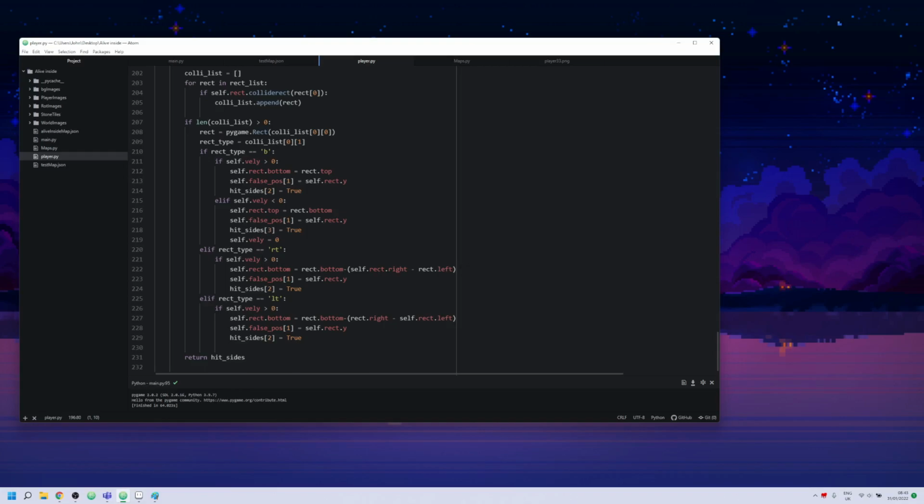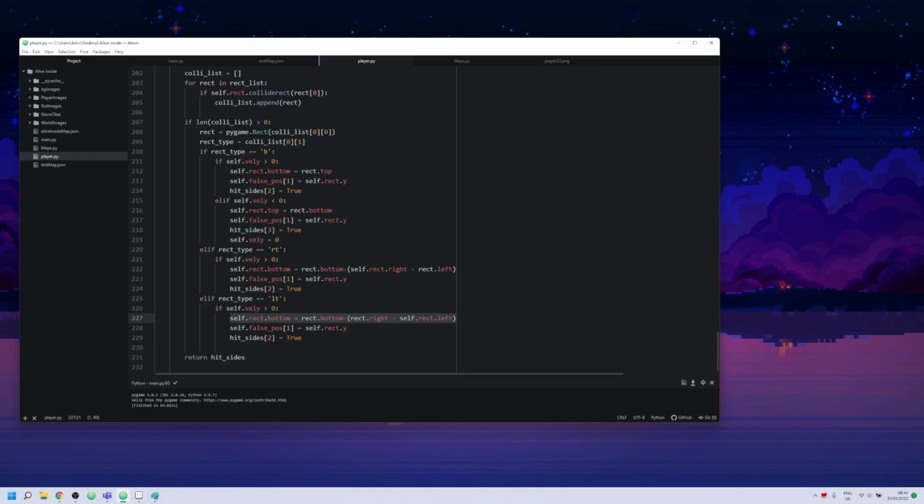And then on the y-axis, you basically just do the same thing, except you change the velocities over to the y. So you check whether you're going up or down. If you're going down, you set the bottom of the player's rect as you would when moving right up a ramp. That's only if you're on a right ramp. But if you're going down and you've hit a left ramp, then you set the bottom of the player's rect as you would when you're going left up a ramp.